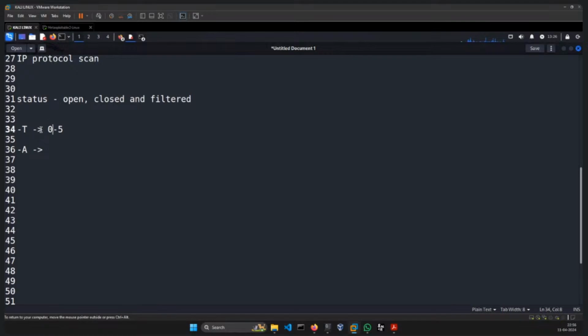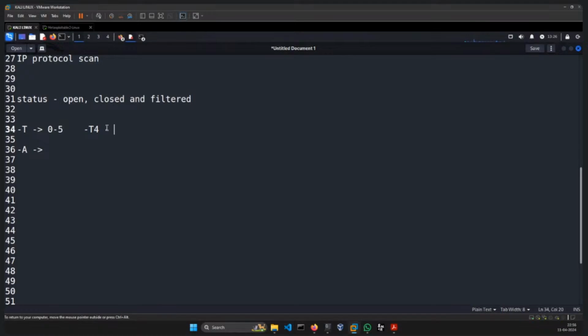Now what this means is the higher is faster and the lower is slower. What might happen from this, you should understand, when I did -T4, this is pretty fast. 3 is the mediocre, and 4 and 5 are pretty fast. When you do this, the pressure that it applies on your target will be huge, right?